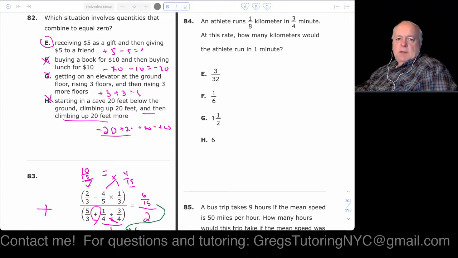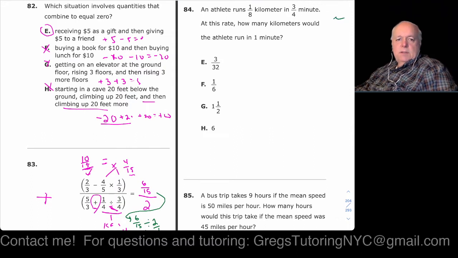An athlete runs, let me get my tablet set up here first. Okay, there we go. An athlete runs 1/8 a kilometer in 3/4 of a minute. So already I can see that there's a rate, and it even says at this rate. Which rate? 1/8 of a km to 3/4 of a minute.